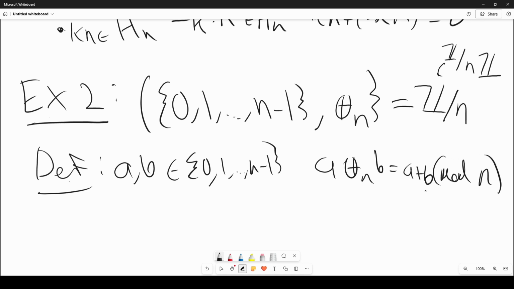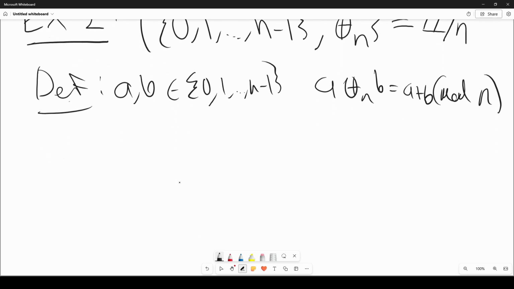So you just take the remainder of a plus b mod n. That's all it means. That's just what I meant by this special symbol here. And it also probably makes more sense why I'm calling this Z mod n. Okay, so first thing we see is that this operation is associative because it's basically just the same as regular addition.